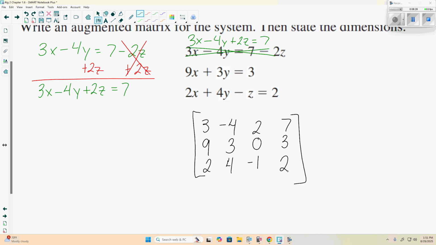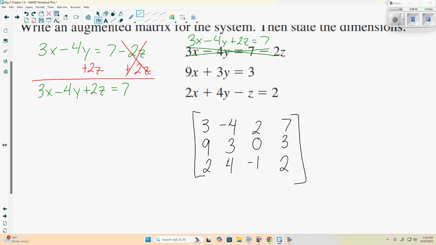The biggest thing I would say to know when to put it and when not to is: if you look at the other equations and they have that variable, the rest need it too. Because the top and bottom both had z, the middle has to have z as well. Even if the top one was just xy, the middle one was just xy, and the bottom one had z, all three need z.